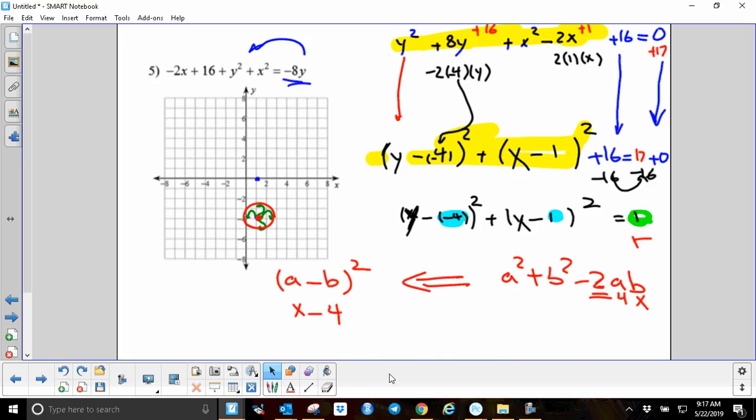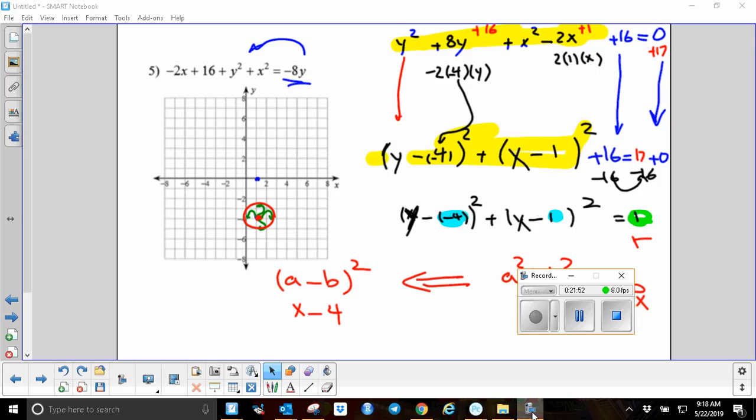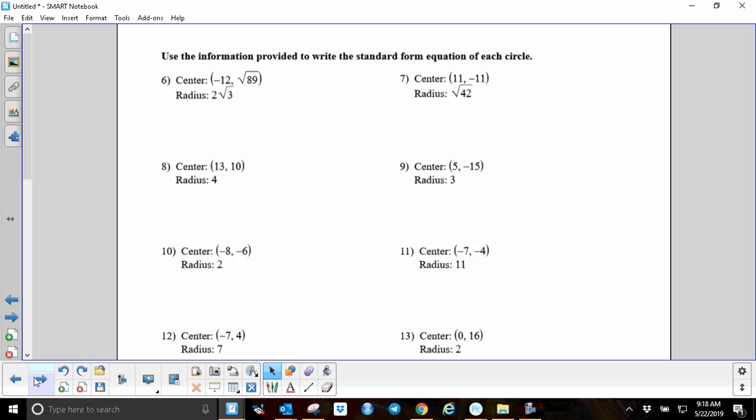Next page. Okay, next is pretty easy. All you have to do is replace it in the formula. What was it, x minus h or k? H, y, k, r squared.